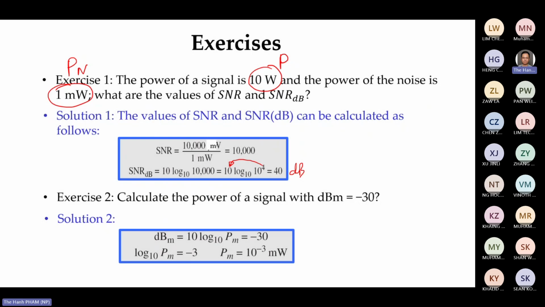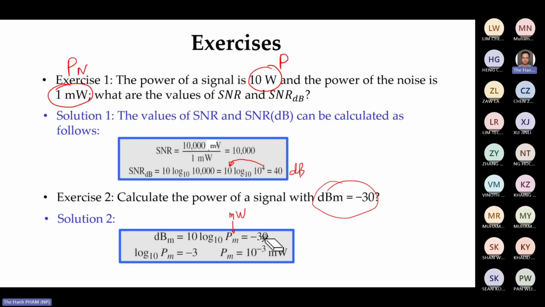The next simple question is, suppose the power is minus 30 dBm. What is the power in milliwatt? So how to calculate dBm? dBm is 10 times log base 10 of the power. This one must be in milliwatt.